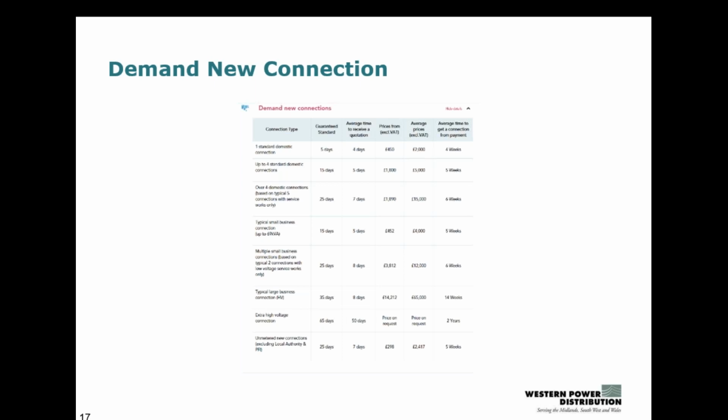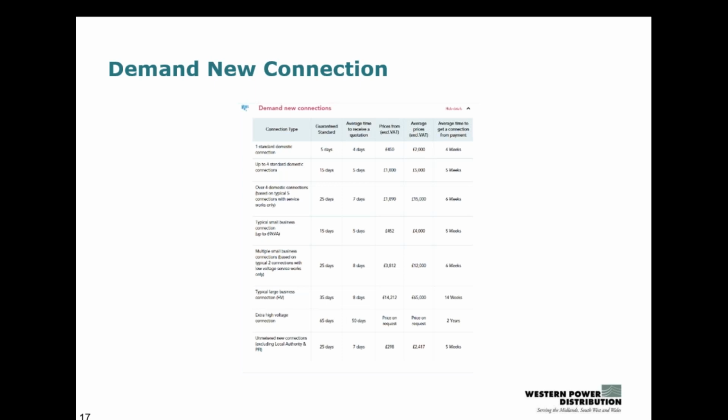For new demand connections, there's a lot more detail. If you click on the drop-down box on the website, you can see all these prices yourself. They have the guaranteed standards, so how long we are required to provide an answer to you, the average time that it takes to receive that particular quotation, the average prices, the variety in prices, and then the kind of lead times associated with that connection as well.